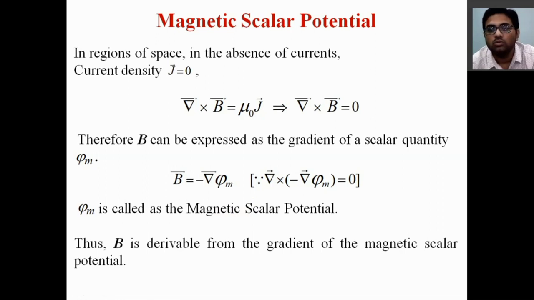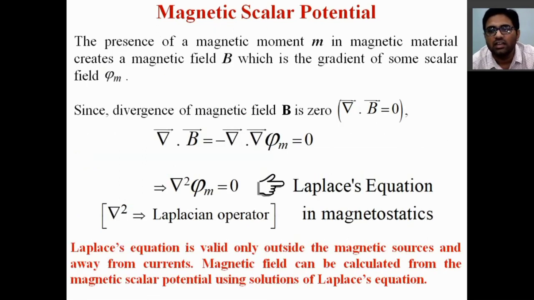Now, how can you get an idea in a realistic way? You know that in magnetic material, one can have magnetic moment and it creates magnetic field, which you can write as gradient of some scalar field phi m.